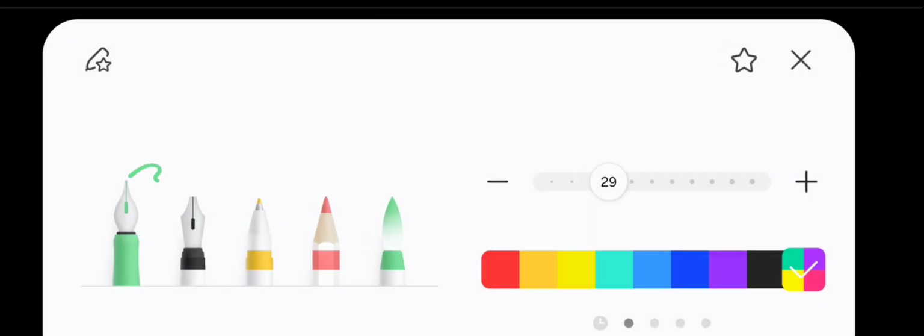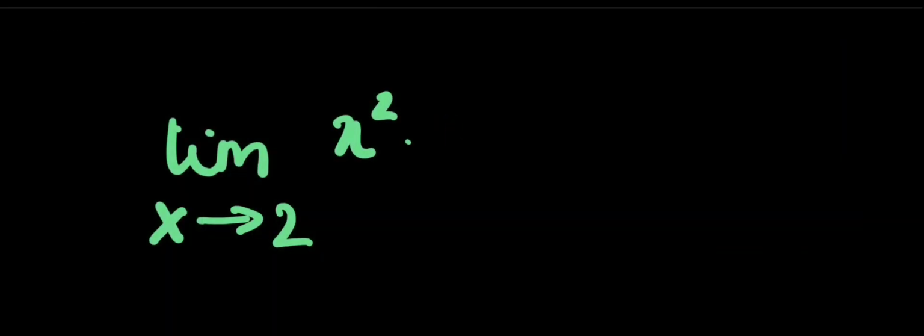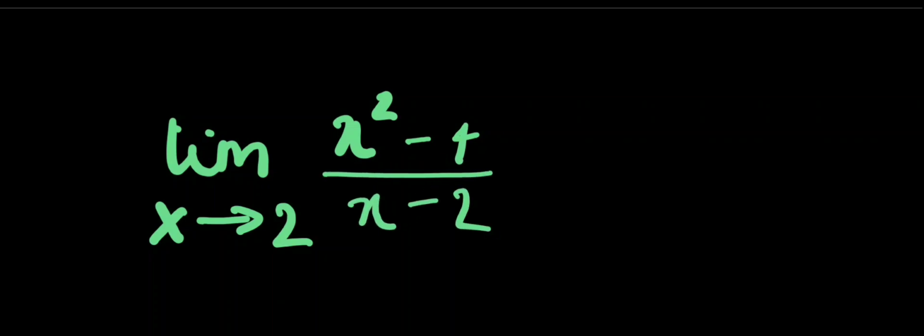Alright, but what if we have a special case, in which we cannot evaluate the limit? So suppose the limit as x approaches 2 of x squared minus 4 over x minus 2.